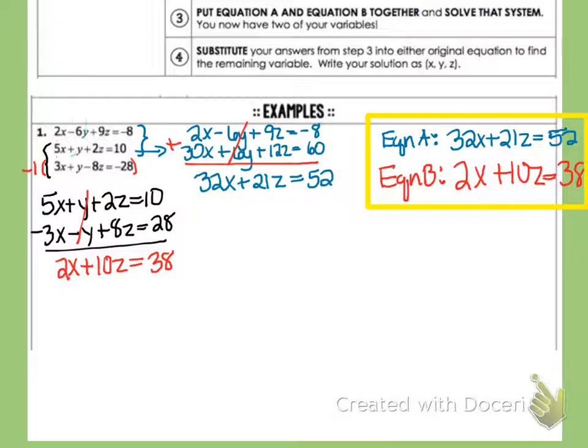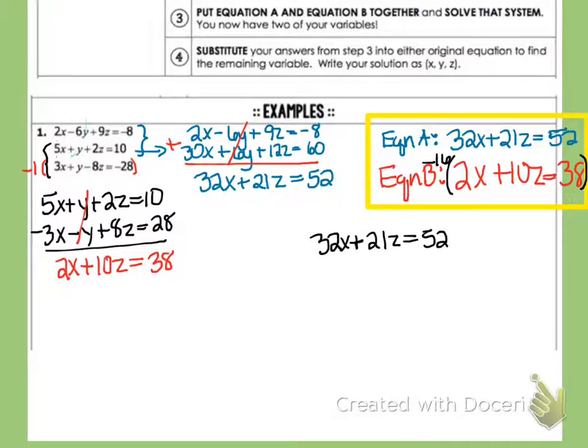So it looks like maybe the easiest way to solve this system is to take equation B, and I'm going to multiply through everything in it by a -16 so that I can make the coefficient of the x's be opposites of each other. So rewriting it, the first equation is 32x plus 21z equals 52.